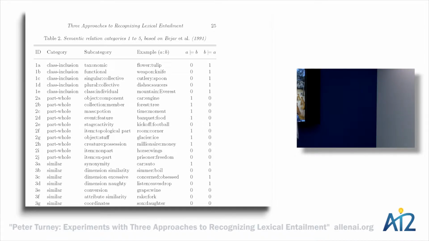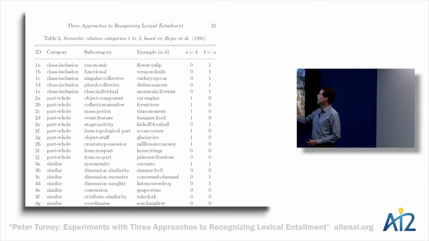Here are the part-whole relations, and there are, I think, 10 types of part-whole relations. What we have in this table is, given this pair A, B, does A entail B? 0 means no, A does not entail B, and 1 means yes. And we look at both orders, A entails B and B entails A.